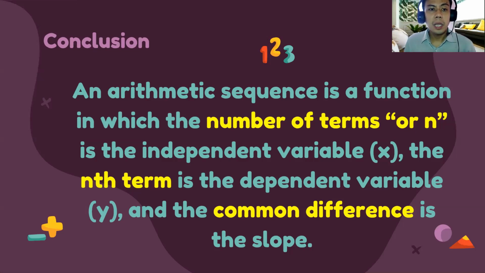The nth term is the dependent variable, which is the y-axis. The dependent variable is the income, while the number of brownies being sold is the independent variable. And the common difference is the slope. That is what we can conclude from the given problem.